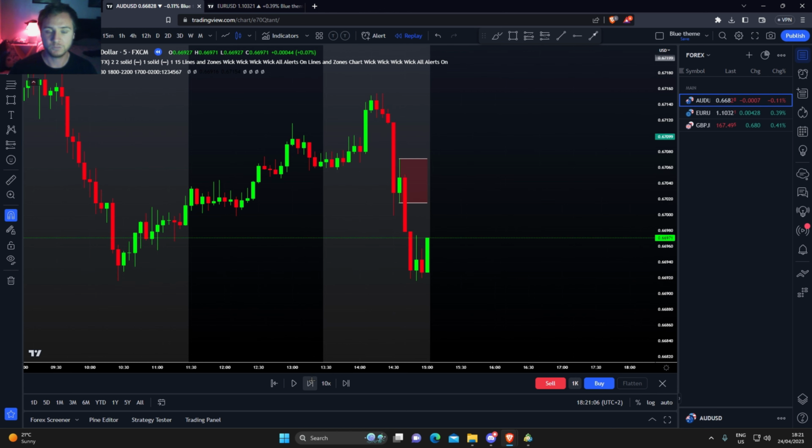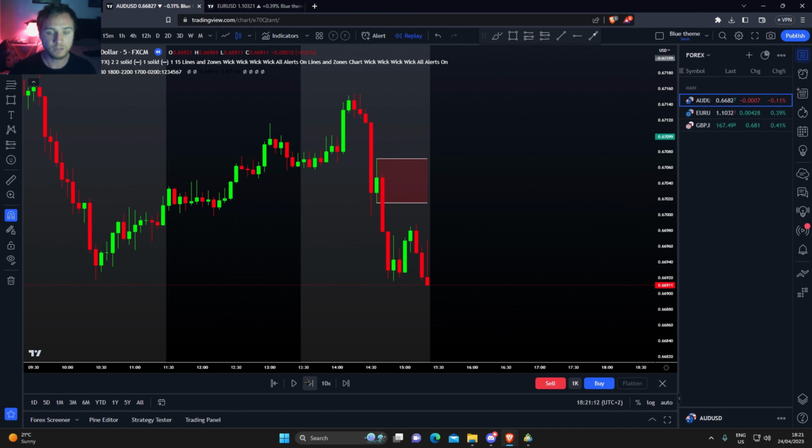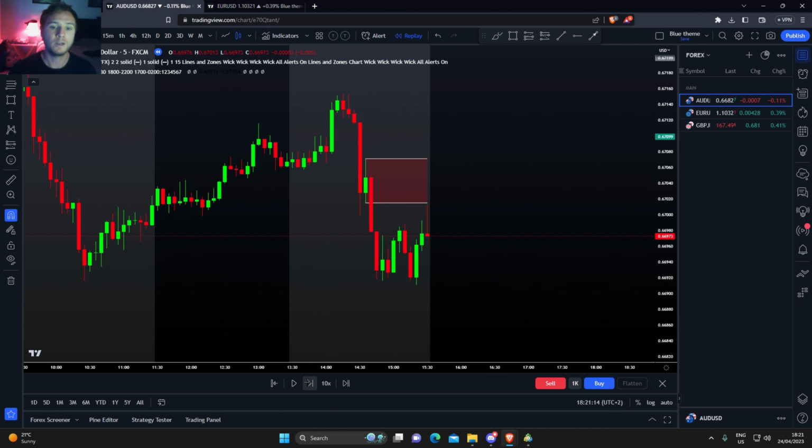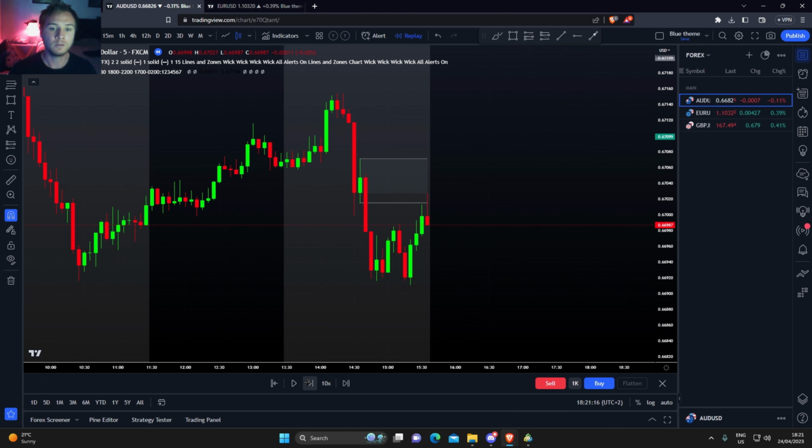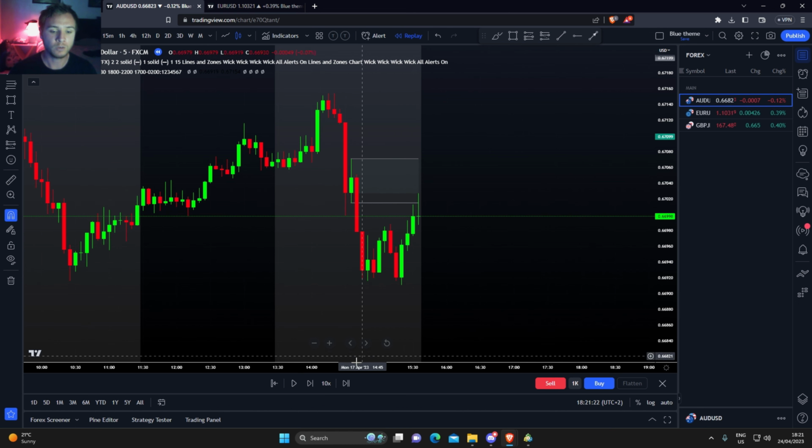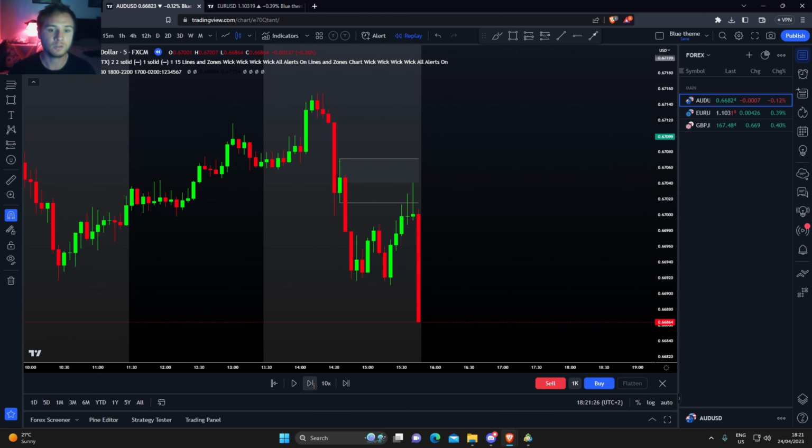So it shows the supply zone in this occasion, and it will change color if you want it to when the supply zone gets mitigated. So the supply zone gets mitigated on this candle right here, and whether your entry criteria is break of the low, etc. Let's just use the break of the low in this scenario.